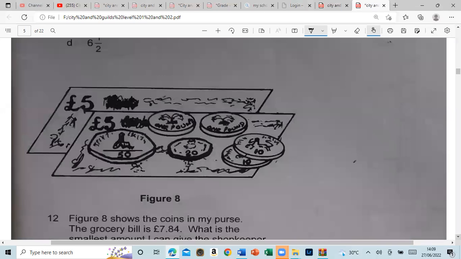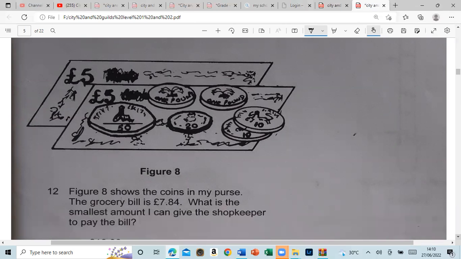All right, so figure 8 shows the coins in my purse. The grocery bill is $7.84. What is the smallest amount I can give the shopkeeper to pay the bill? So it's $7.84. All right, so we have a 10 and 20. So these are £5. All right, so I'm going to take the £5.